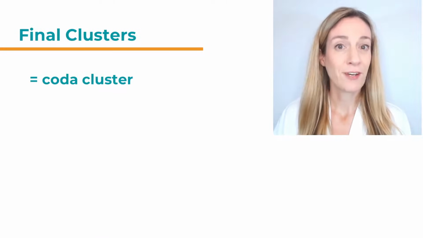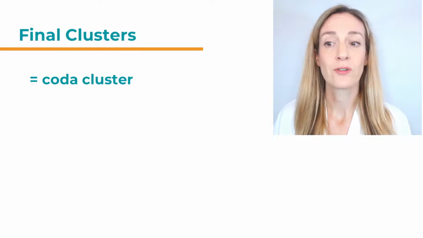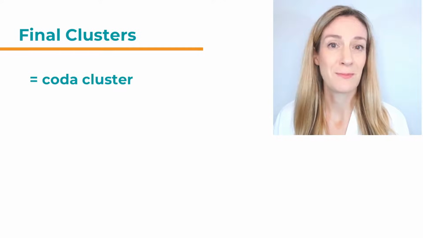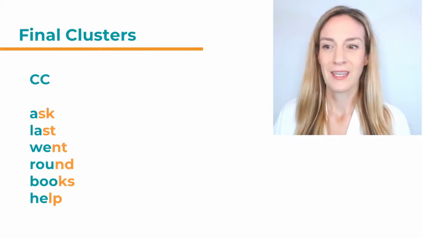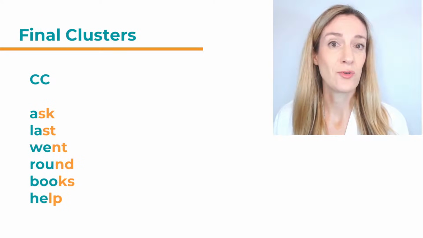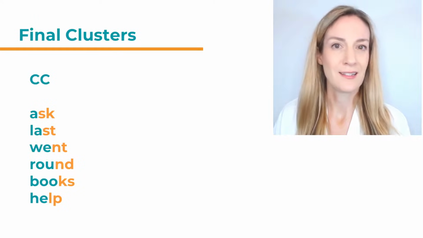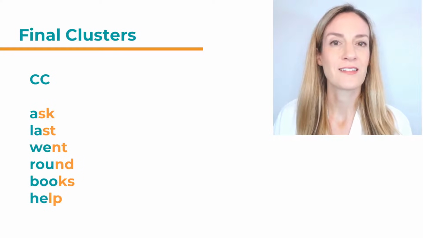Let's have a look at final consonant clusters next. And those are also often called coda clusters because they appear in the coda of the syllable. So here are some common final consonant clusters with two consonant sounds. Listen and repeat. Sk in ask, ask.